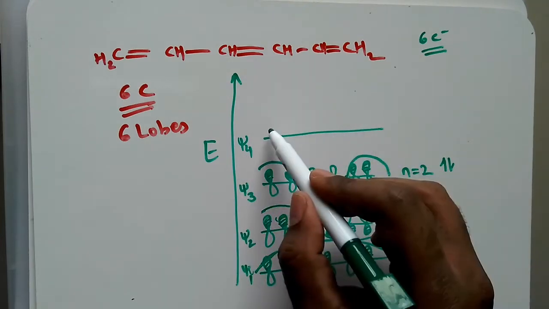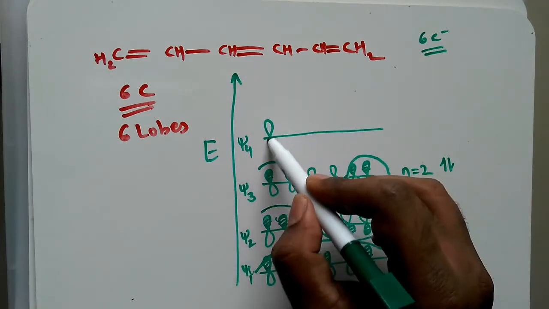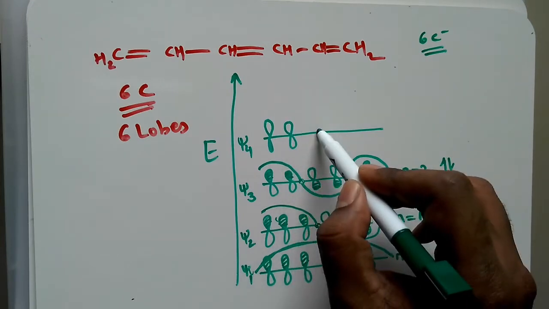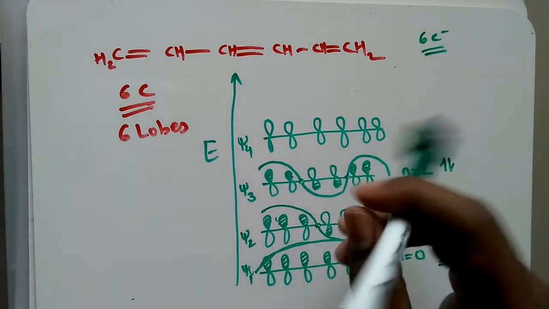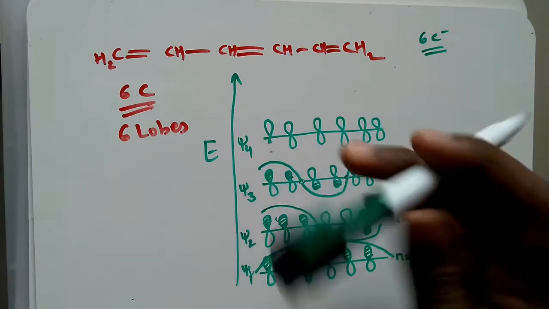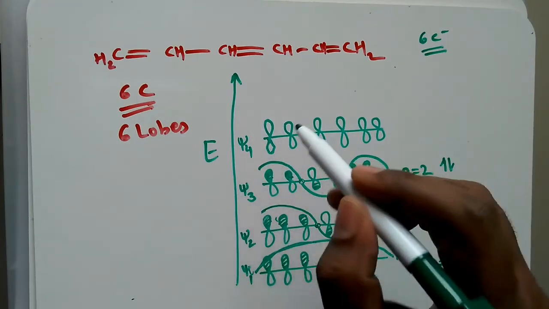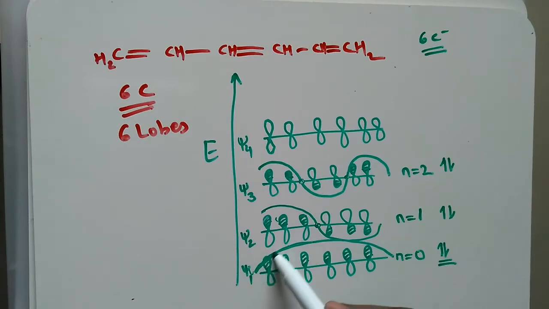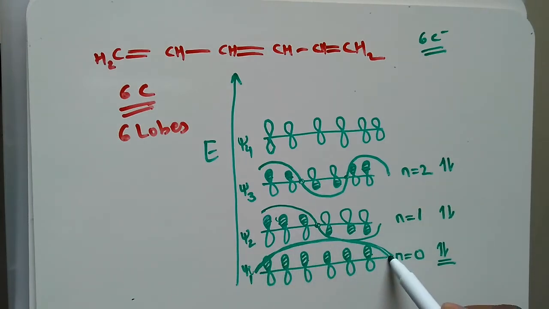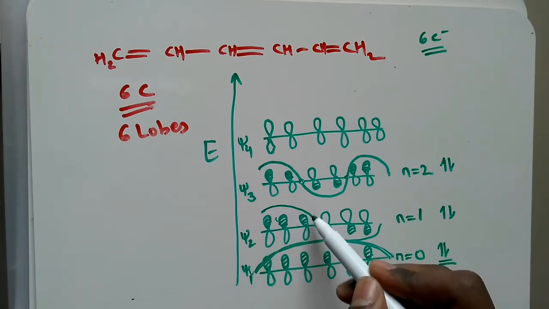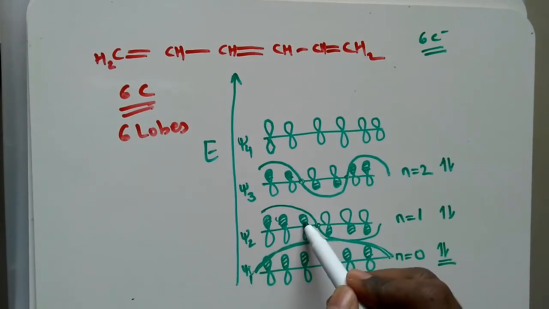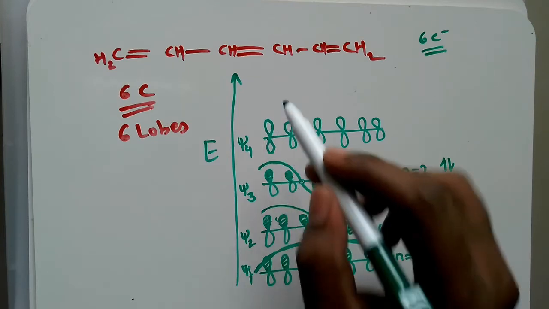The next case will be psi4. In psi4, we'll have 1, 2, 3, 4, 5 and 6. Just draw it in a neat way. The upper half is on the same side, and then 3 becomes 2 and 2 becomes 1 here.